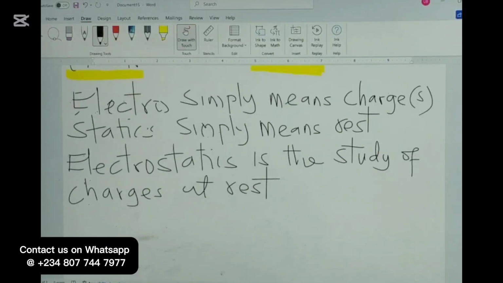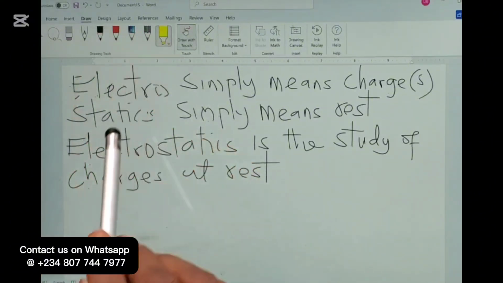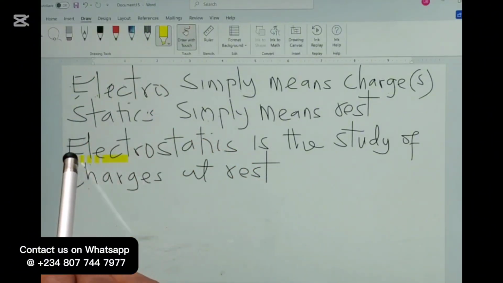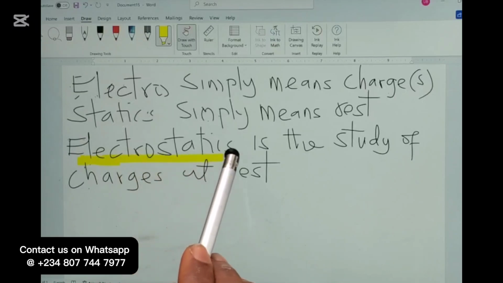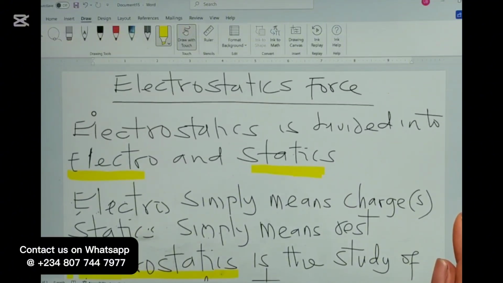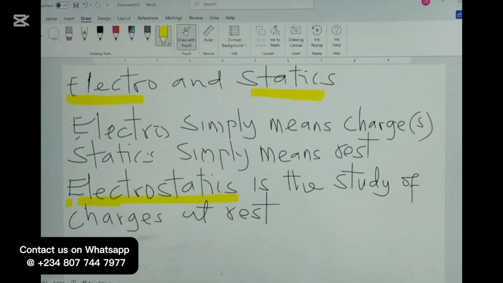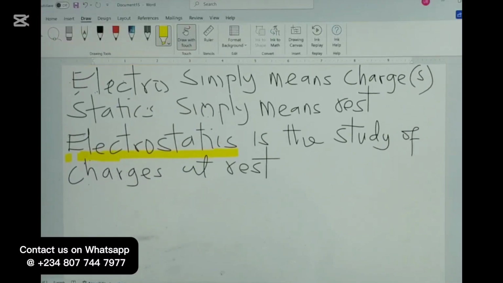So what does it mean here? It means that the study of charges at rest is said to be electrostatics. Okay, so our intention here is for us to know electrostatic force.